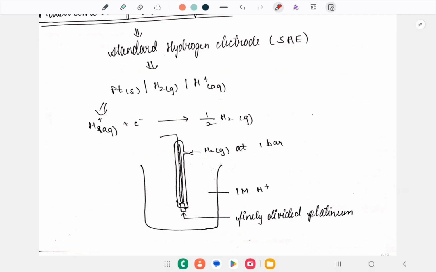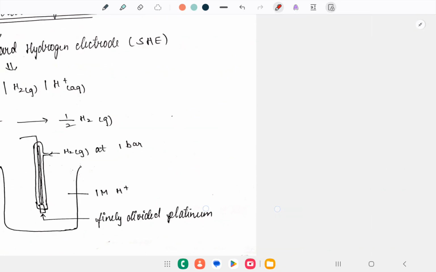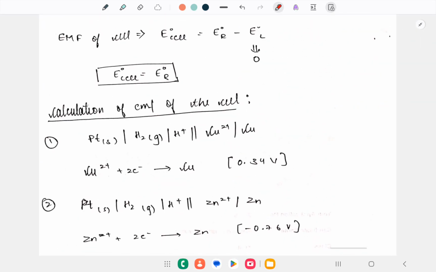So in this manner we can study the half cells which can be measured easily. Here we already know that the SHE electrode potential is 0, so we can easily find out the standard reduction potential of our required half cell.